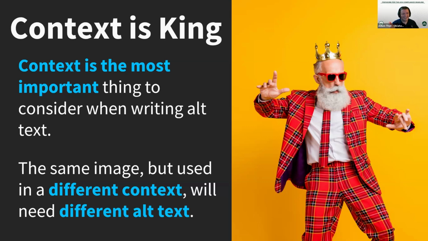It's going to depend on the context. If it does have some information that's not really relevant to what's going on, then you do have some leeway. Alt text is subjective, right? As the content creator, you know why you chose that image and why you're putting it into your content better than anybody.